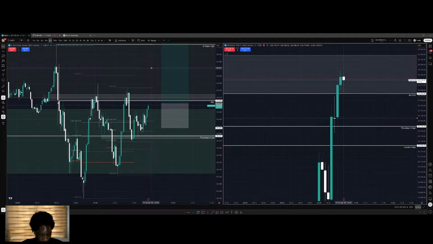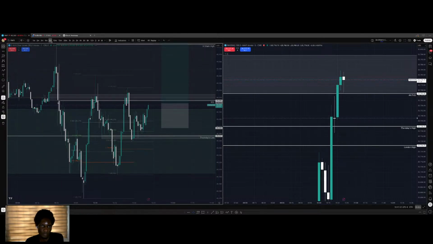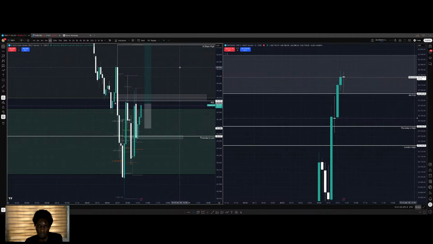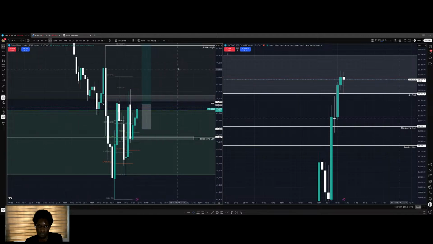So 42, let's see. For me to take a buy, I'd want to see us close above this because we've wicked it twice. For me to buy, we need to close above this candle.